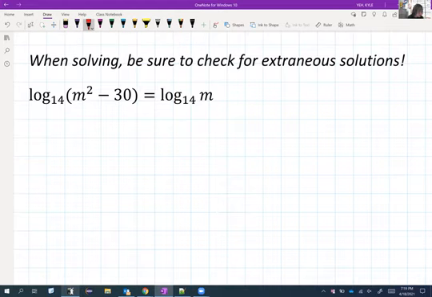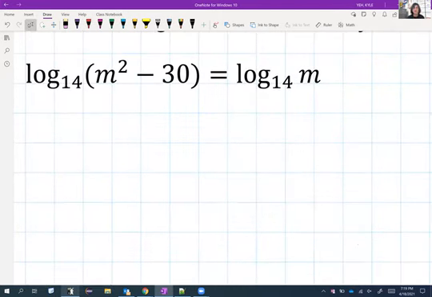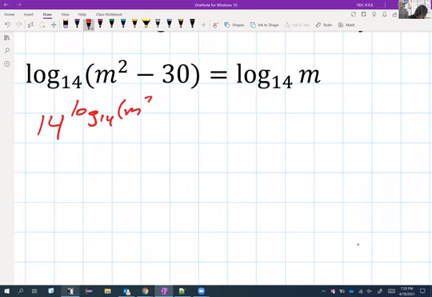Log base 14 of m squared minus 30 equals log base 14 of m. Well, to get rid of that log base 14, because I just have log base 14 on the left equals log base 14 on the right, I'm going to raise both of them into the exponent. 14 to the log base 14 of m squared minus 30 equals 14 to the right-hand side.